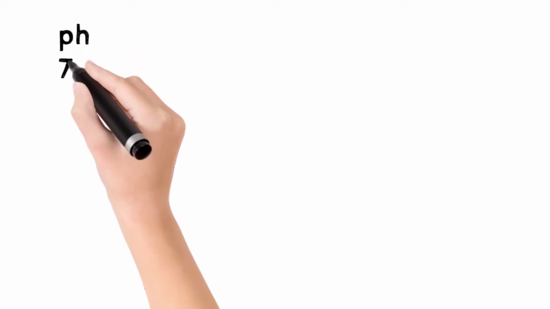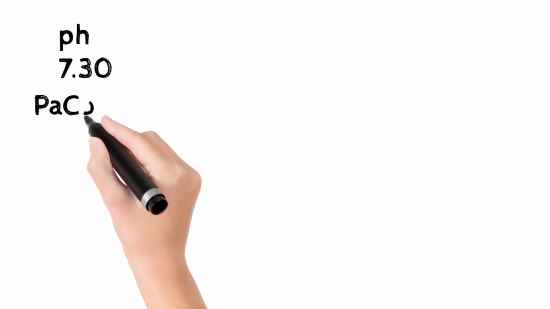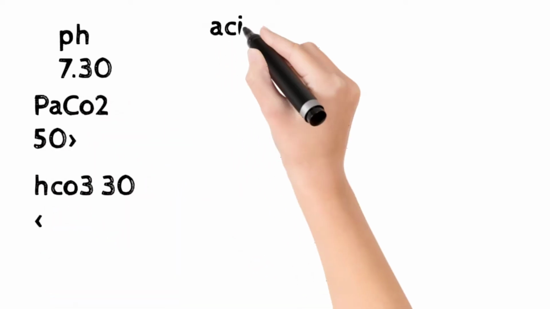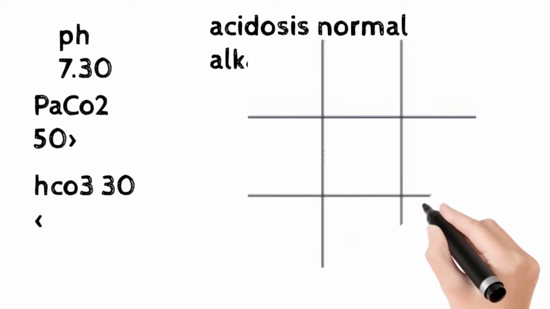Again, pH is 7.30, so it is acidosis. PaCO2 greater than 45, so it is acidosis. HCO3 greater than 28, so it is alkalosis.